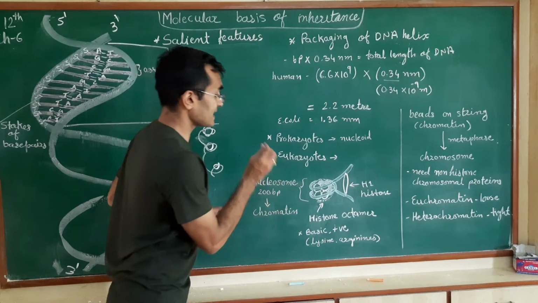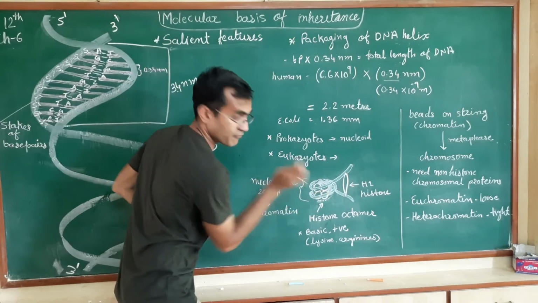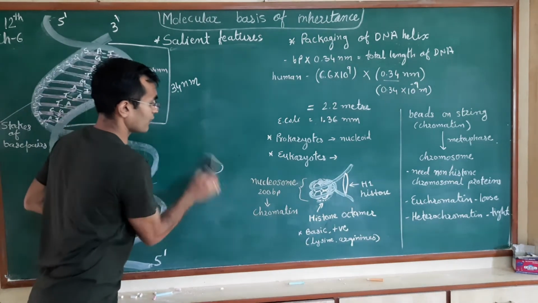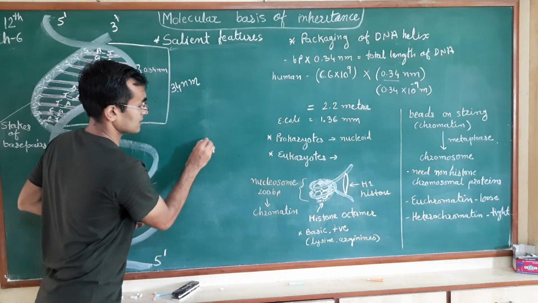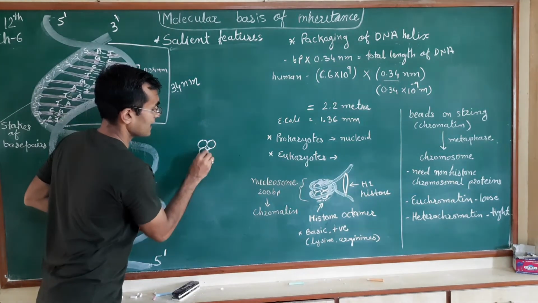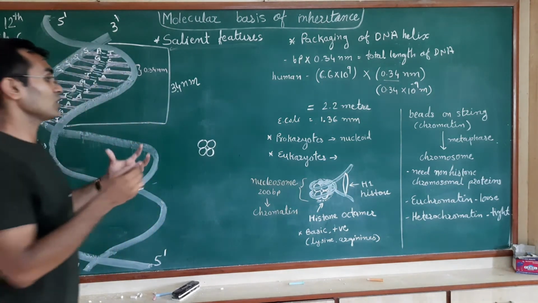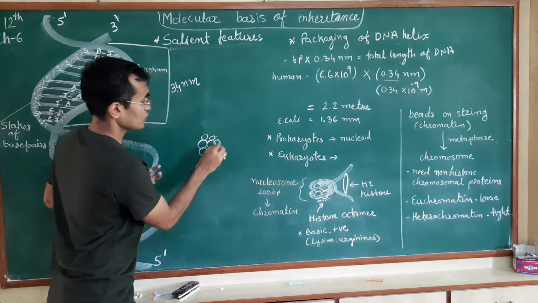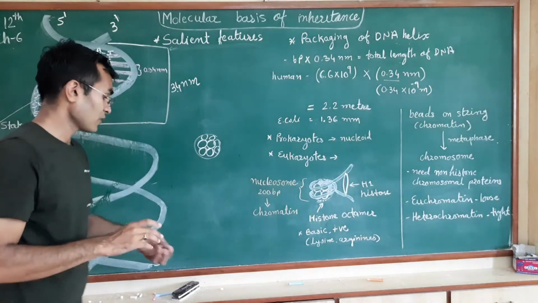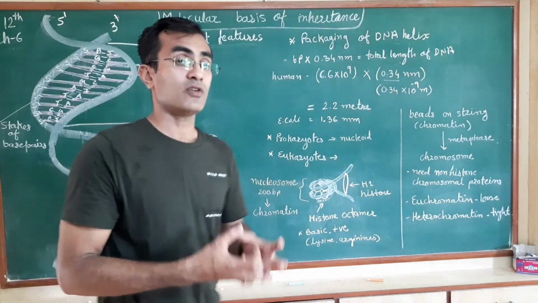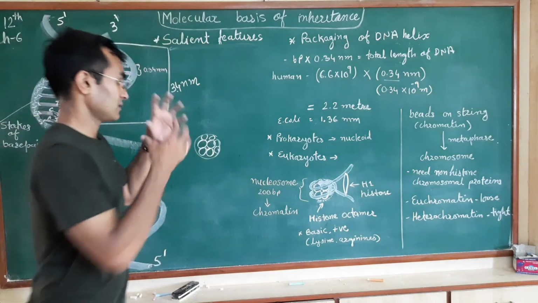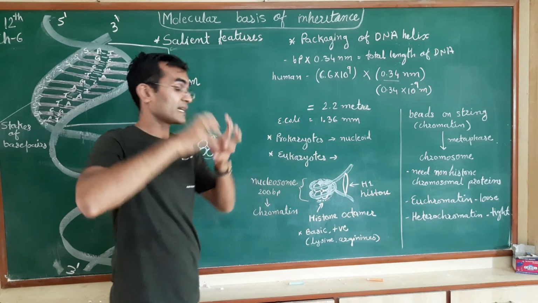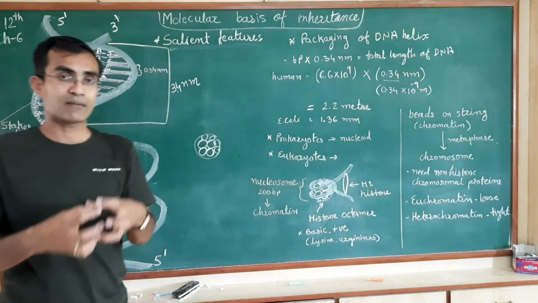Here, if you can see in the front, I have shown 4 molecules of proteins, 1, 2, 3 and 4, and 4 other molecules of histones are present at the back side. So basically they make 8 subunits of the histone protein, and when the 8 subunits get together and form the structure, that is called the histone octamer.